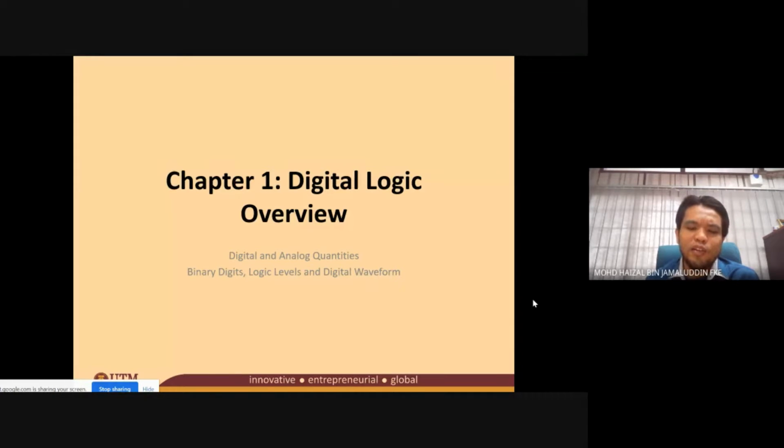I was shocked that in Form 1 they already learn about the basics of digital systems. That means they already learn about binary, the basis of 8 number, and so on. So maybe that is just an introduction part of the computer system for the Form 1 syllabus.